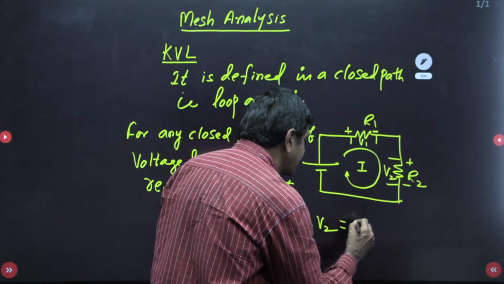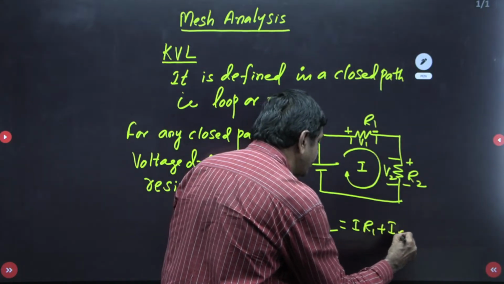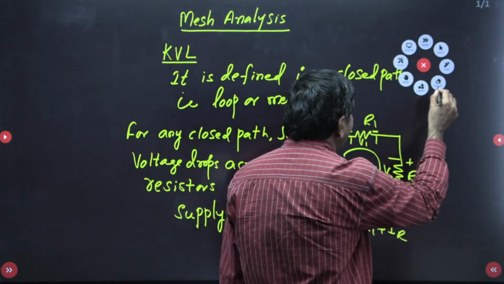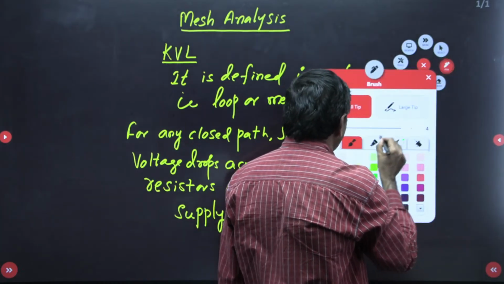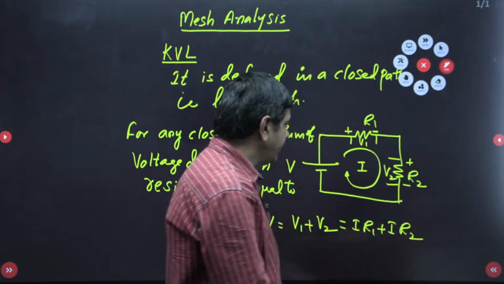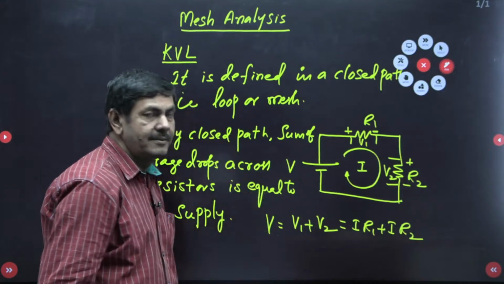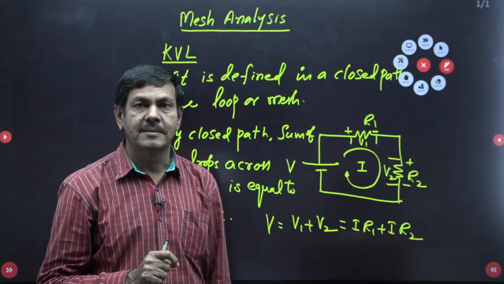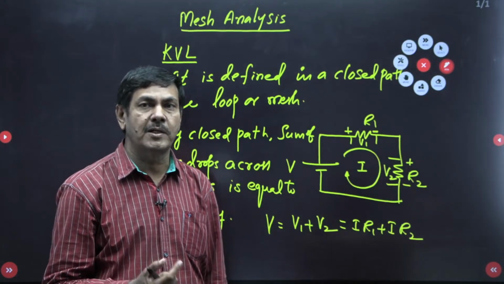So V equals I into R1 plus I into R2. This is nothing but the KVL. Once again I am repeating: for any closed path, the sum of the voltage drops across resistors is equal to the supply voltage.